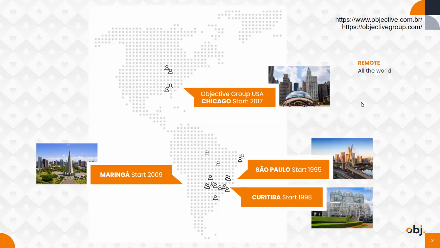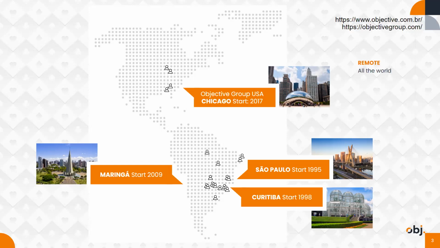Just some quick words about our company. We are from Objective, a Brazilian software development company. We work for some big telecom companies here in Brazil, and we also have a consulting business unit.